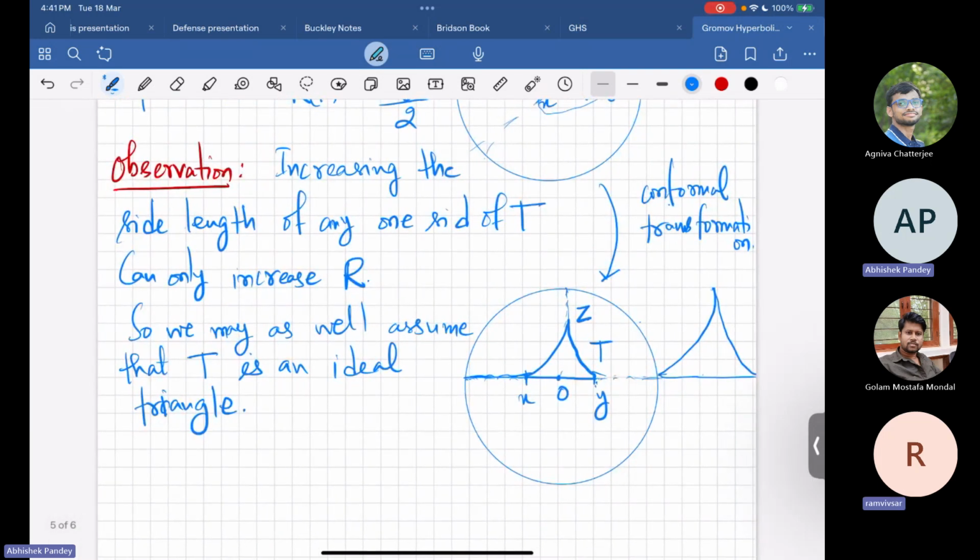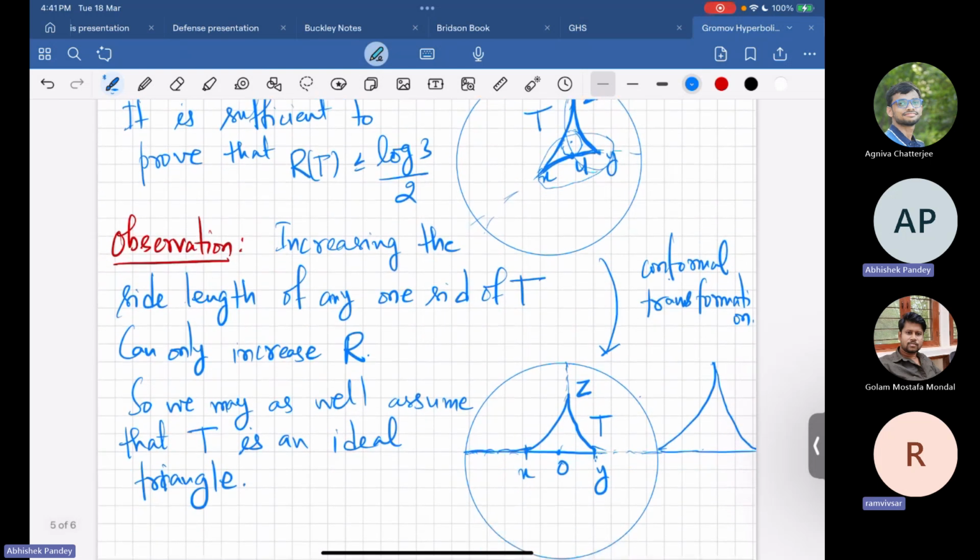Why shouldn't you start with the upper half model? Why do you start with the Poincaré ball model? When you start with the upper half model, you do all the things with that. Yes, exactly, I could have done that, but I was trying to make the statement that we can start not just with a geodesic triangle but with an ideal triangle.